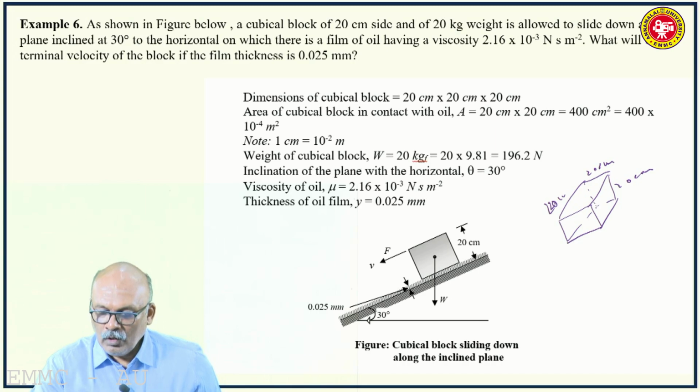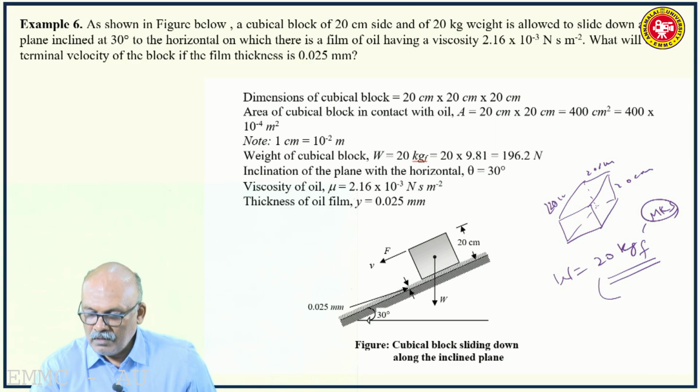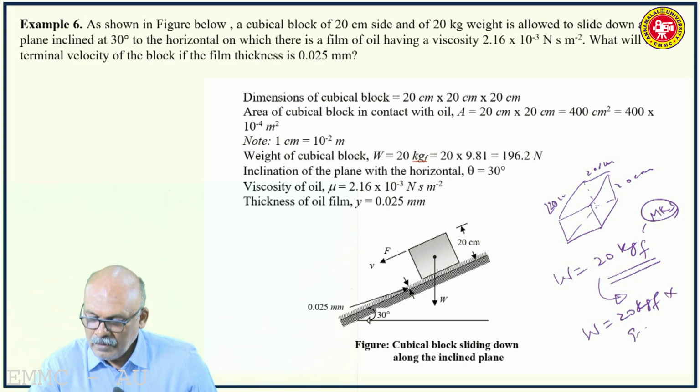And of 20 kilogram weight. So what is the weight? 20 kilograms. Please note, when I say weight, it is a force quantity. So this is given in the MKS system, so you have to convert into the SI system. That means you have to multiply 20 kilogram force by 9.81 Newton per 1 kilogram force.